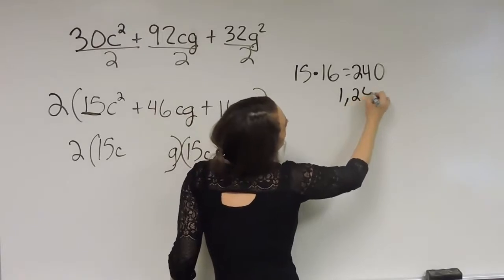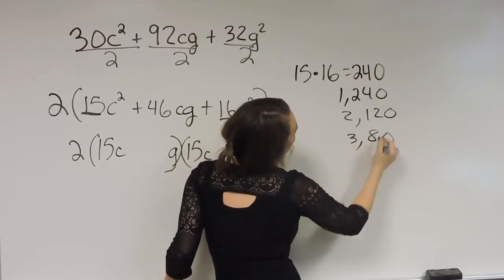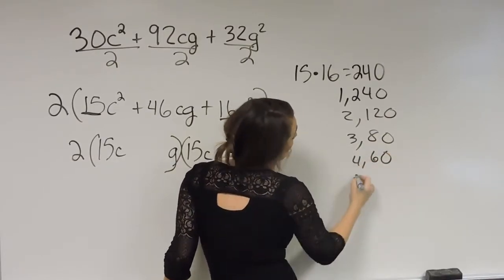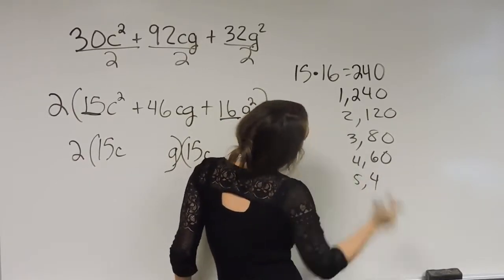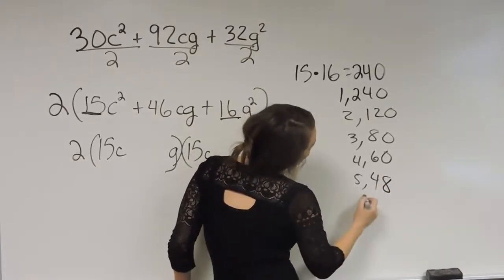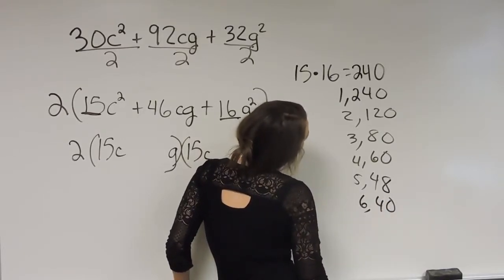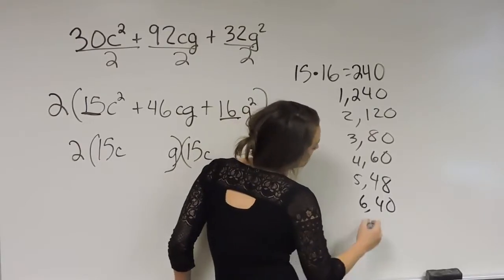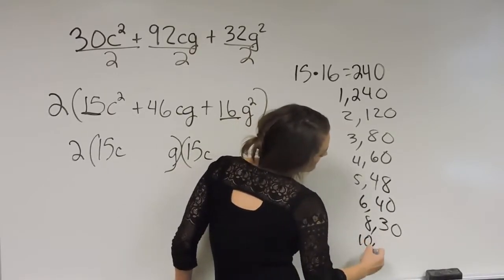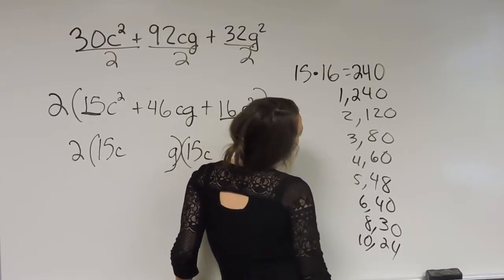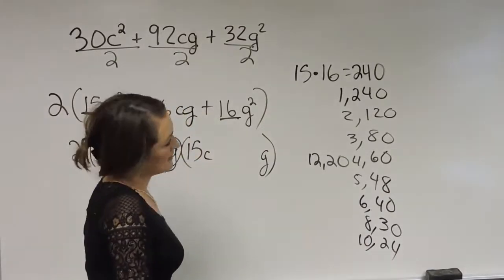So let's see. 1 times 240, 2 times 120, 3 times 80, 4 times 60, 5 times, oh my gosh, 5 times what, 45 or 48? 6 times 40, 7 doesn't go in, 8 goes in 30 times, 9 doesn't go in, 10 times 24. Let's see, 12 times 20.